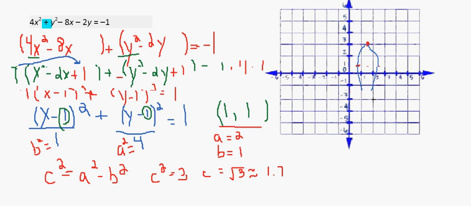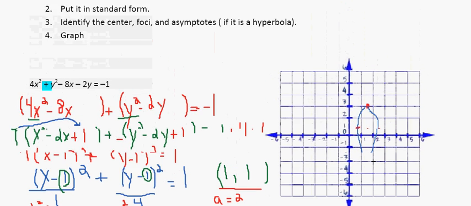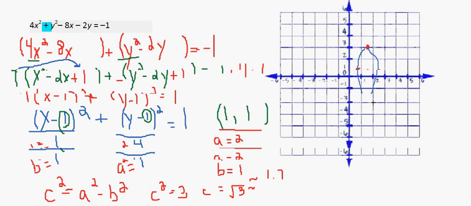So remember, always going back to our center to graph our foci. Our center here is at (1, 1), so then I have to go up 1.7, and then I have to go down 1.7. These are a little funny to write, the foci, but I think you'll grasp the concept pretty quickly.